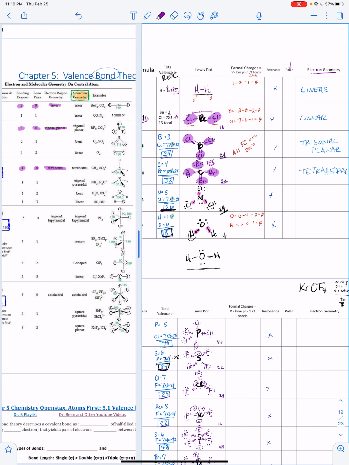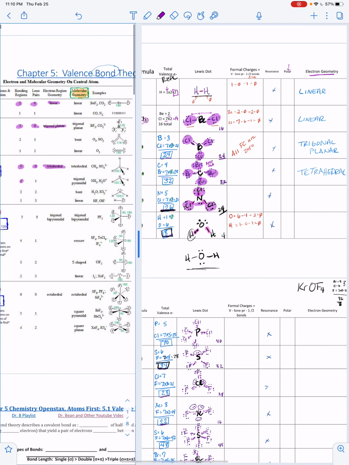Now let's look here. We have 1, 2, 3 bonding regions and a lone pair. The electron geometry, it's still in this column. It's still going to be called tetrahedral.